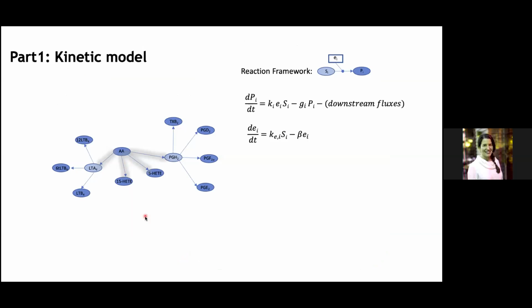Before we dive into some of the details, let's break the network into manageable chunks. So here's a bare bones version of the network, starting with arachidonic acid that leads to downstream products. For the reactions directly surrounding arachidonic acid, we apply standard kinetic equations to describe this framework.